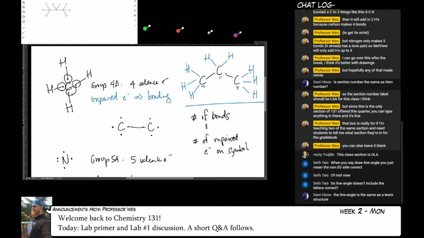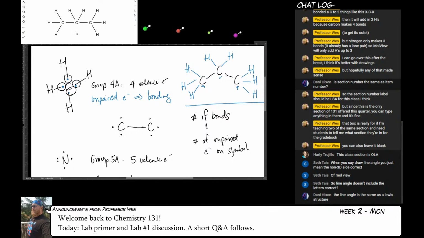So let's suppose I drew propane here, and we'll just label these with C's here. Oh, I gotta turn this on. There we go. So drawing something like this would be a Lewis structure, which isn't showing up on the screen there. Let me make it bigger.